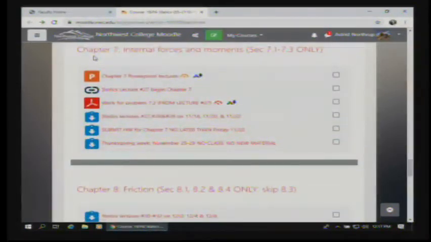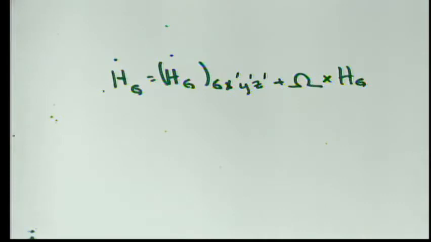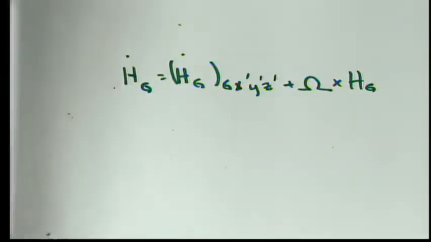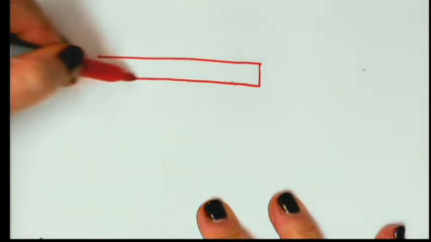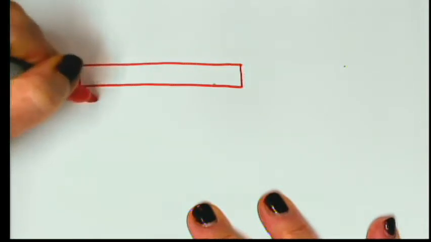All right, so let's come over here to the document cam and we'll lay out some ideas about beams. The first thing about a beam is that a beam is a structure that is meant to bear some sort of a load and is supported in different ways in order to do so.